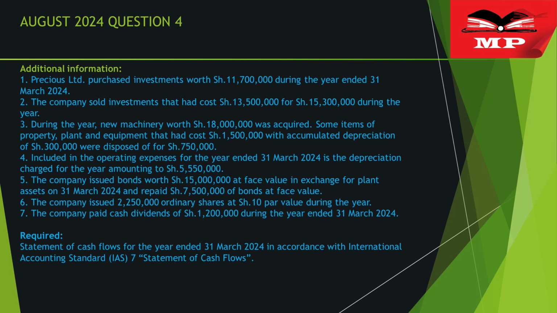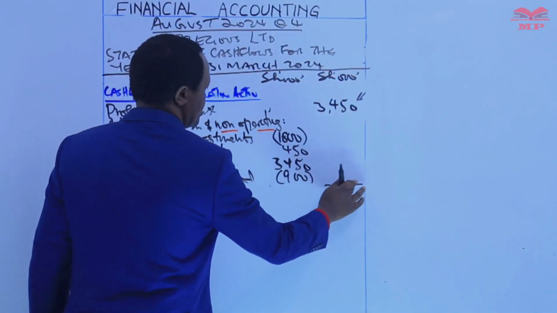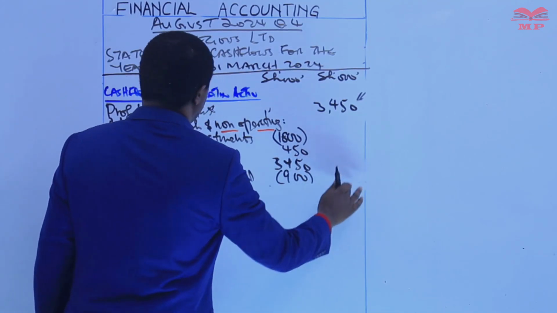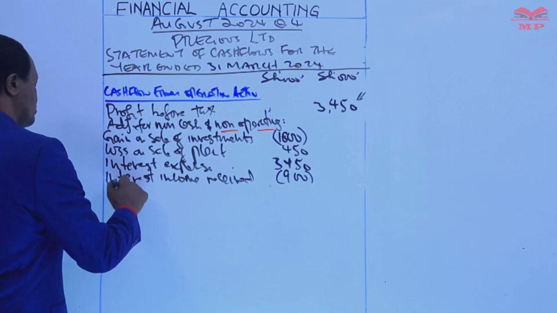Included in the operating expenses for the year ended 31st March 2024 is the depreciation charge for the year amounting to 5,550,000. That is depreciation, which was deducted to get that amount as part of the operating expenses.